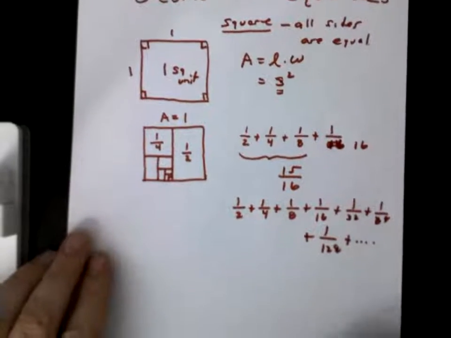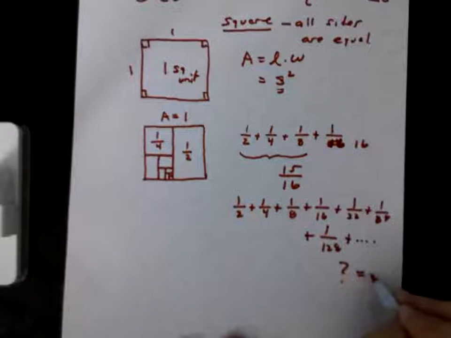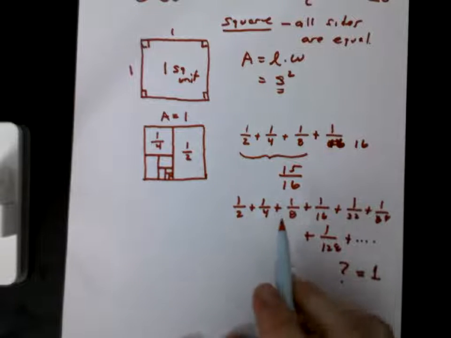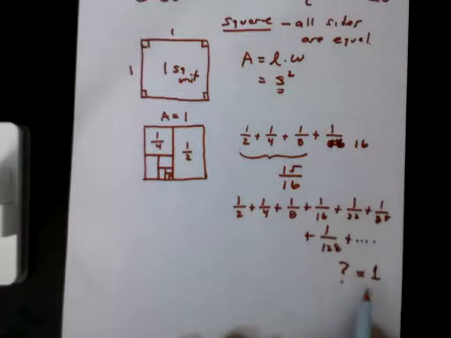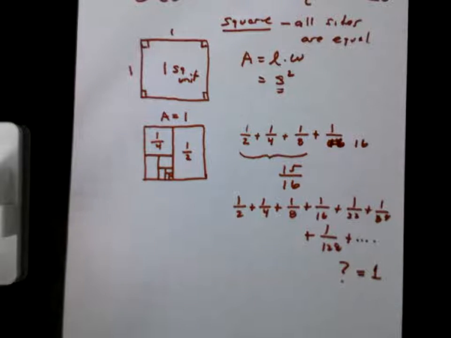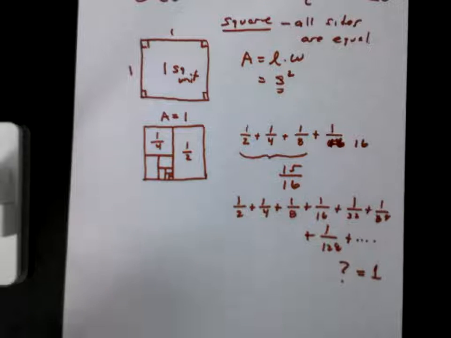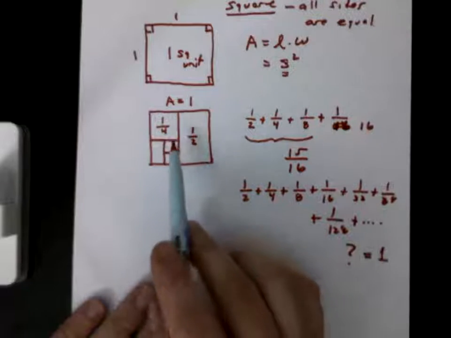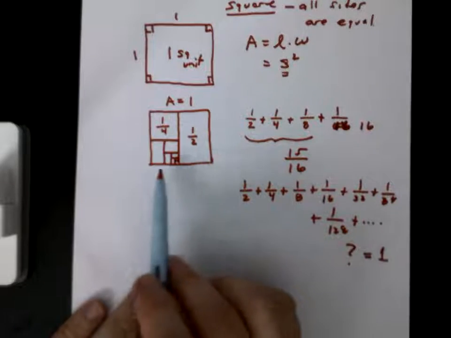The question was, will this ever get to 1? If you sum up all these cuts, these fractions, will you get to 1? I want you to think about that, because it's a very good conversation piece. It's also a controversial piece, to say, if I add all these little half pieces, yes, they should be equal to 1.